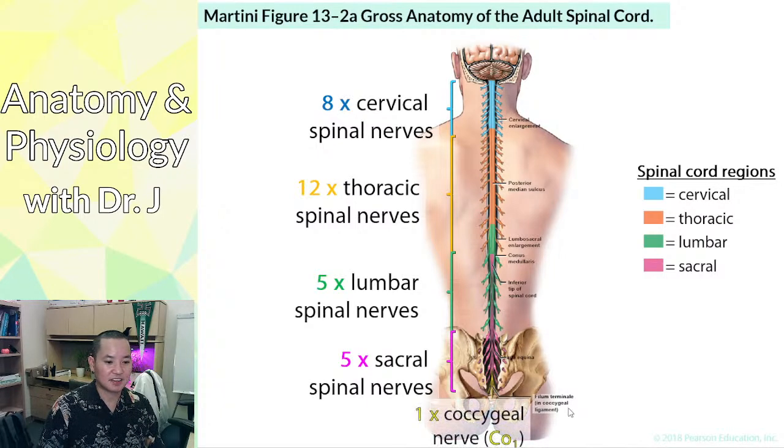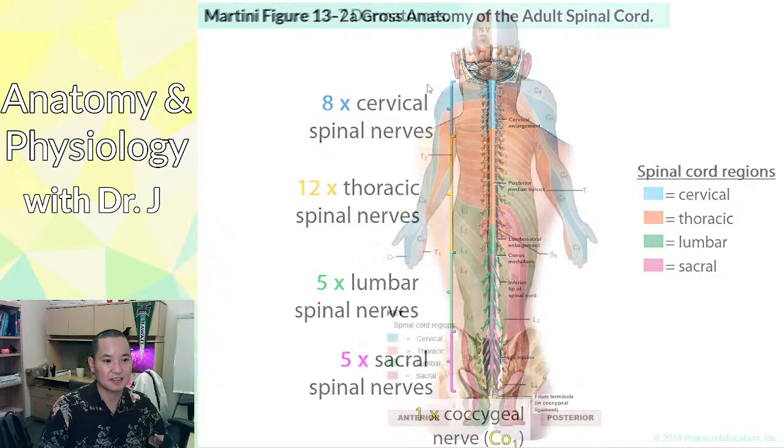And you actually have a coccygeal nerve right here, so a small pair of coccygeal nerves. It's not just 8 total. What we have is actually 8 pairs up here in the cervical region, 12 pairs thoracic, 5 pairs in lumbar, 5 pairs in sacral, and 1 pair in the coccygeal nerves.